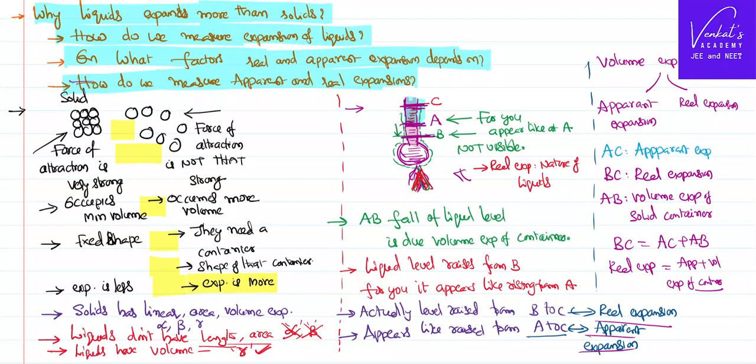Whereas the apparent expansion depends not only on the nature of the liquid but also on the nature of the container taken, because it's because of the container that the liquid level falls down from A to B. So real expansion depends on the nature of the liquid. It's the same for a given liquid under all circumstances, but apparent expansion varies for a given liquid depending on what container is there, right? I'll stop there for this part.